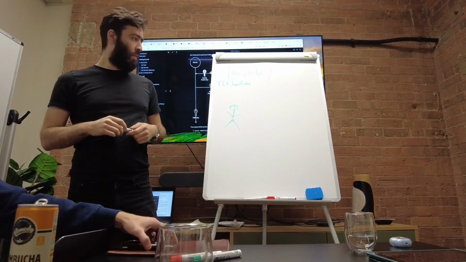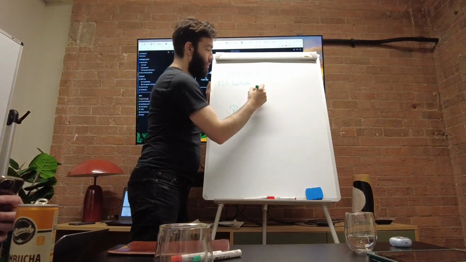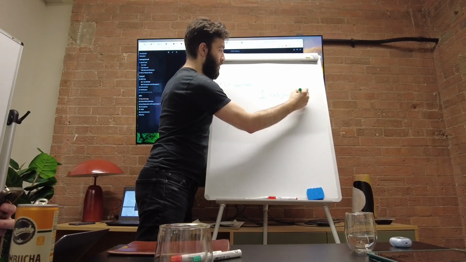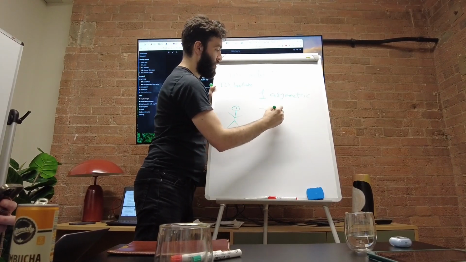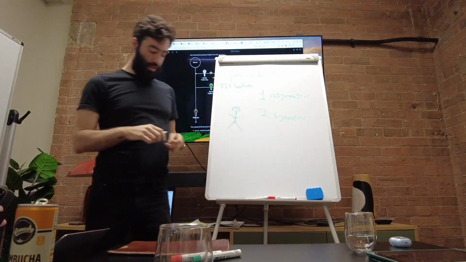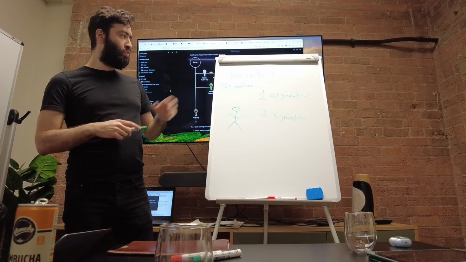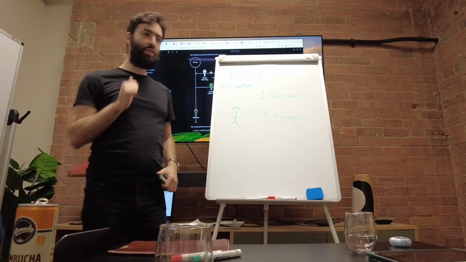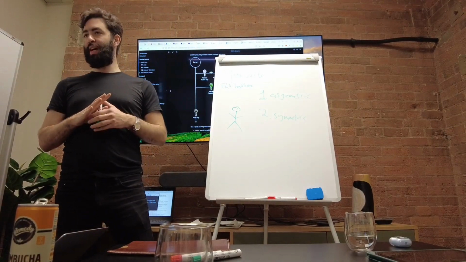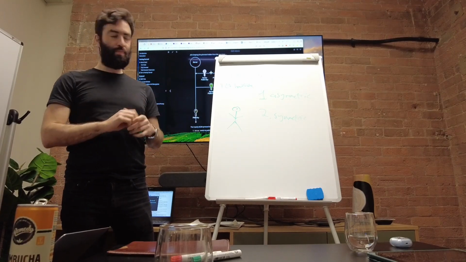The TLS handshake consists of two parts. First of all, it's the asymmetric part, and then we have the symmetric. The first part is that the website has a public key, and you do something called a Diffie-Hellman key exchange, where you give it your public key, they give you theirs, and you are able to establish a common secret between you and the server.